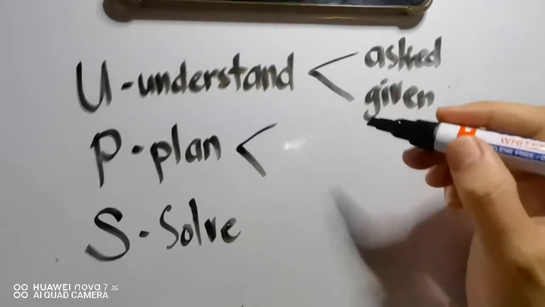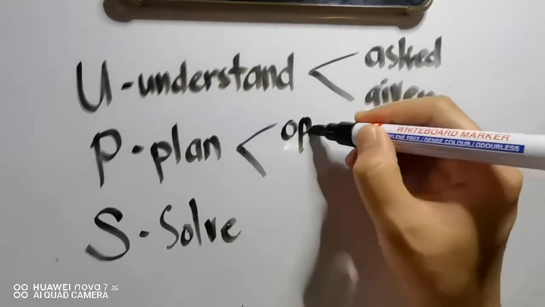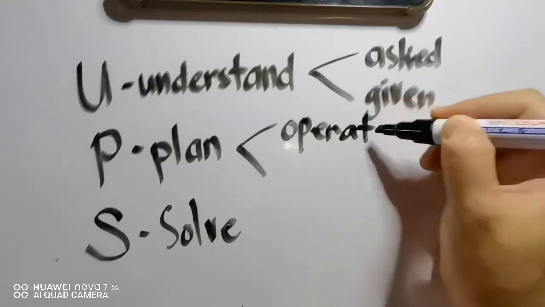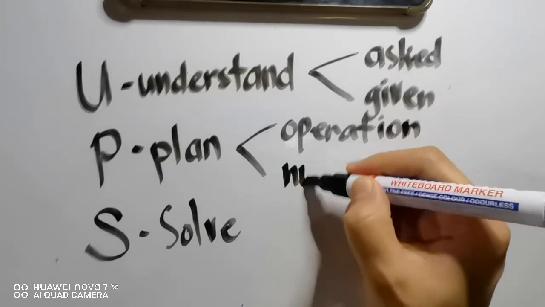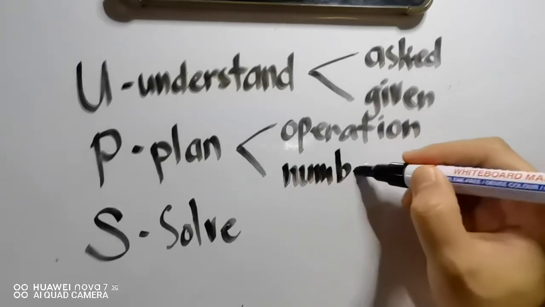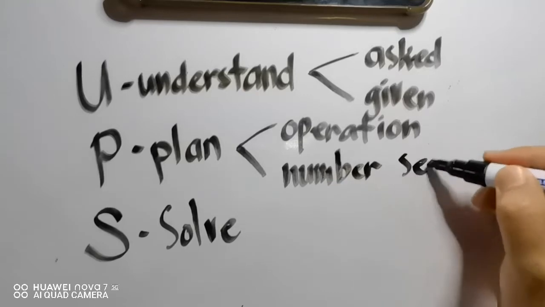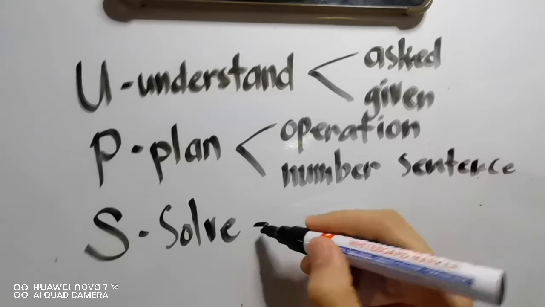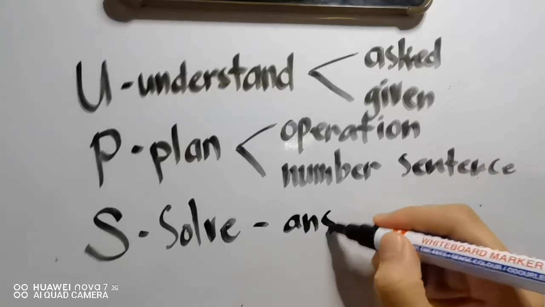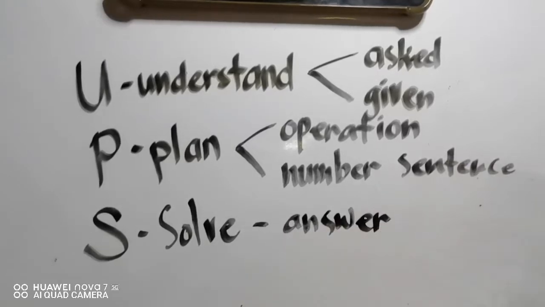The first one is the operation, and the number sentence. Okay. So using the number sentence, you can get the answer. And the last, which is solve, is the answer. Okay. So in simple words, it was just divided into three, but these are still the 5 basic questions that we answer.